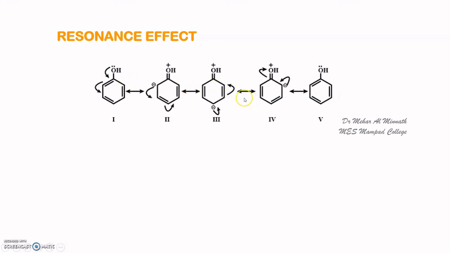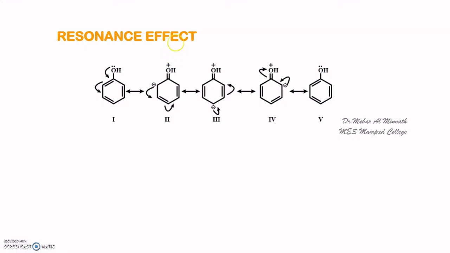Here you can see that there is electron delocalization of the oxygen lone pair over the aromatic ring, and a positive charge appears on the oxygen.